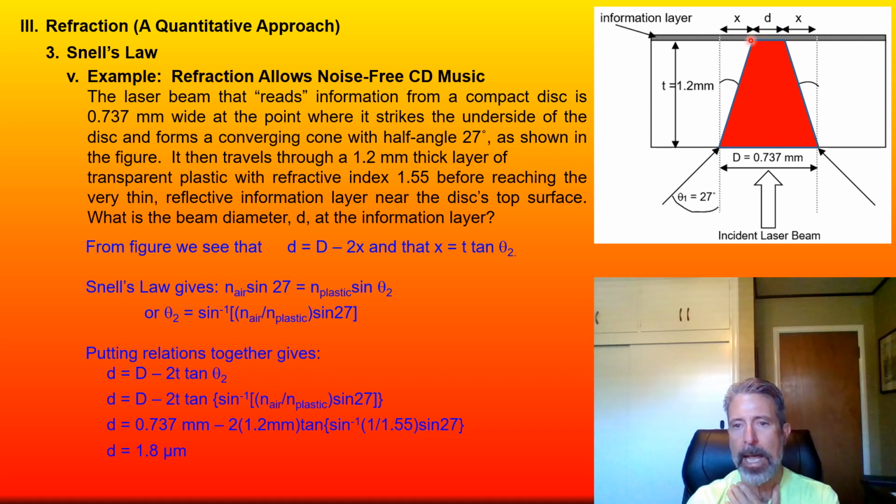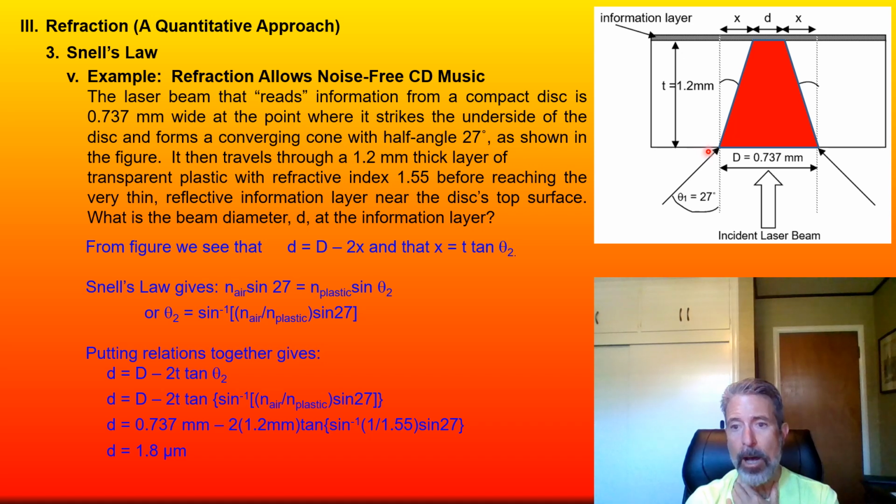Imagine that if we didn't have the refraction happening, if we didn't have this piece of plastic here that the laser beam had to travel through, if all we had were the pits on this information layer here that had dimensions on the order of micrometers, well, a very, very small piece of dust would cause so much interference that it would basically mess up the reading of that wave here.